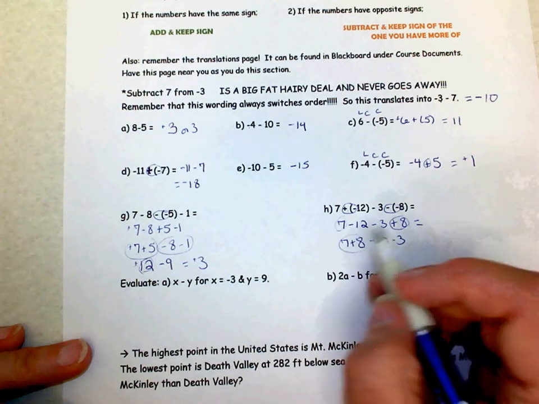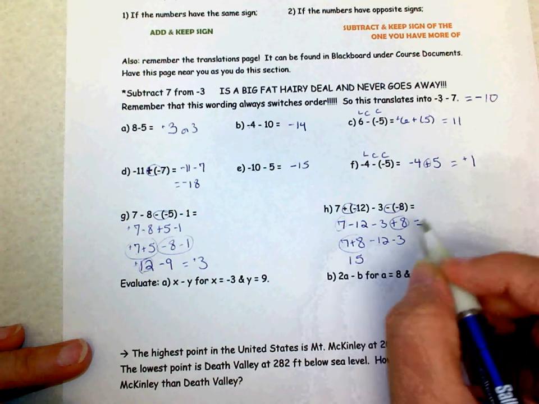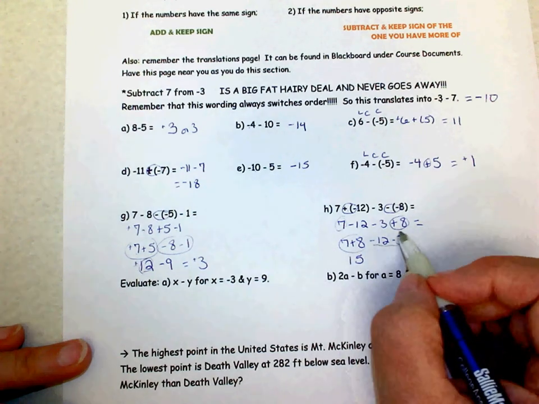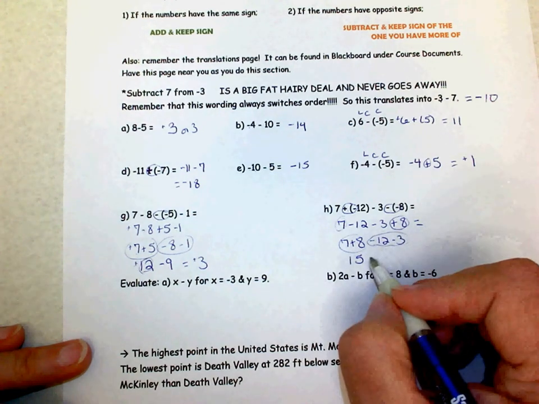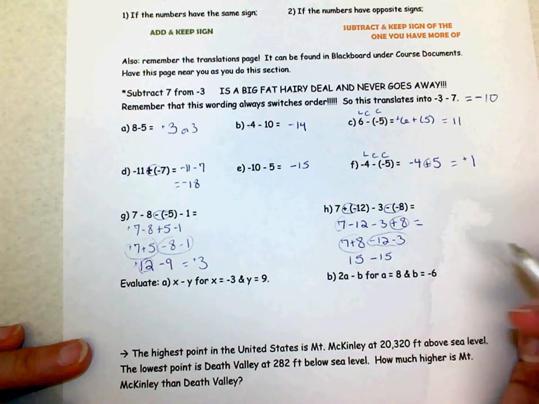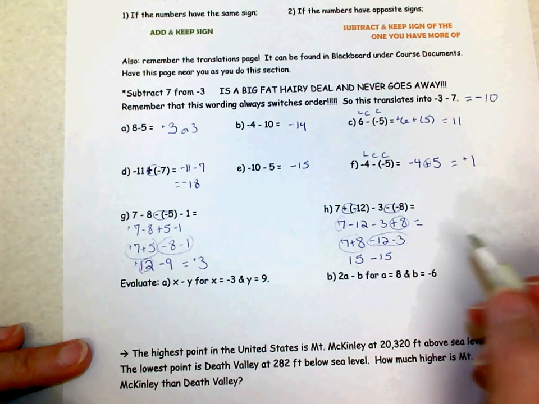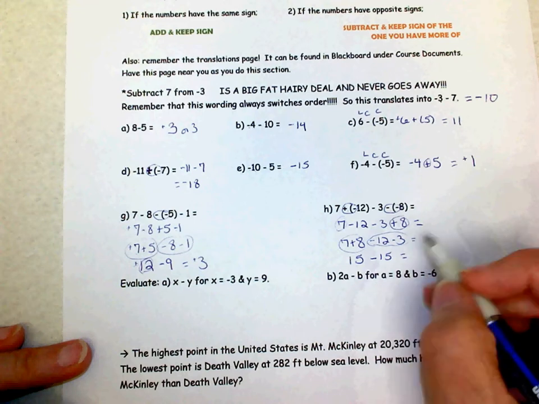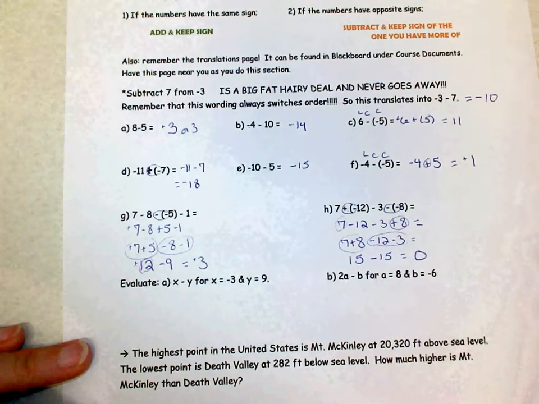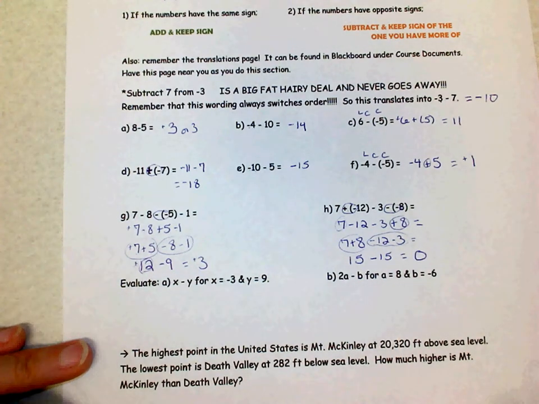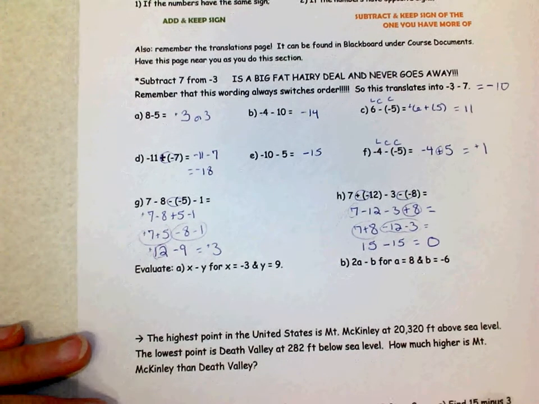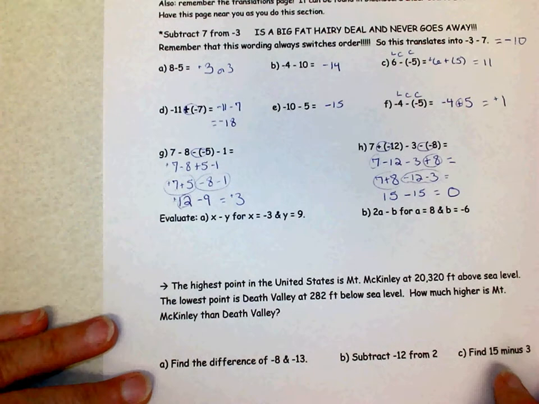Combine your positives, that's 15. Oops. Combine your negatives, that's minus 15. And what happens here? We get a big fat nothing. Don't you love doing all that work and getting a 0? Yeah, that's not my favorite either.